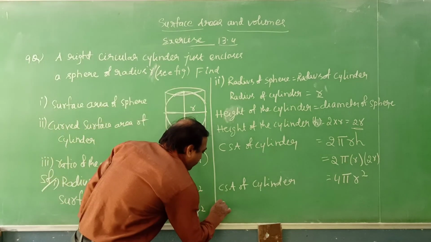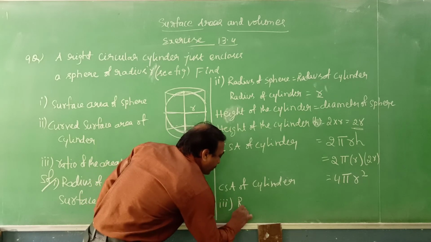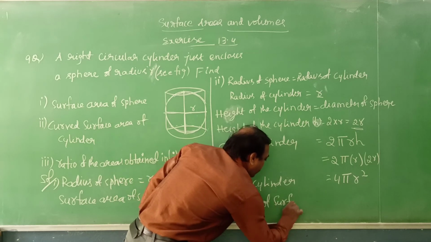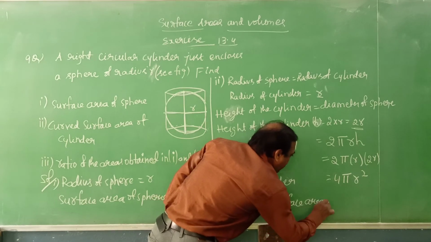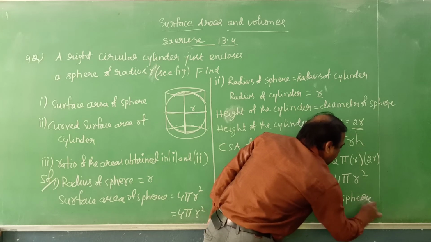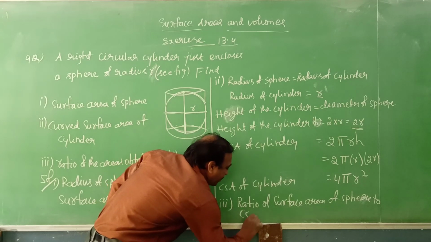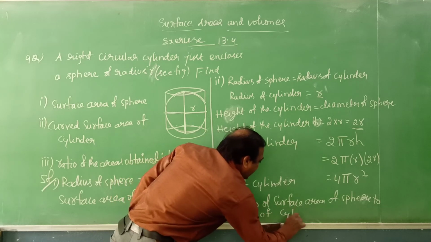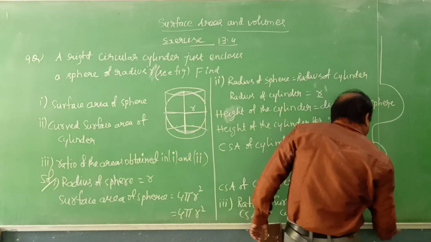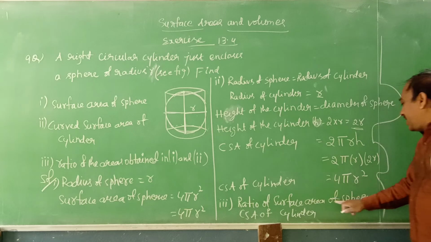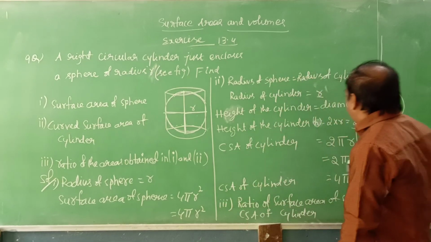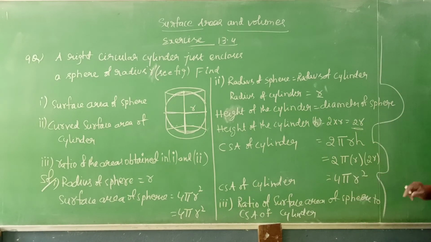Now the third one, the ratio of the surface area of the sphere to the CSA of the cylinder. The surface area of the sphere is 4 pi r square and the CSA of the cylinder is also 4 pi r square.